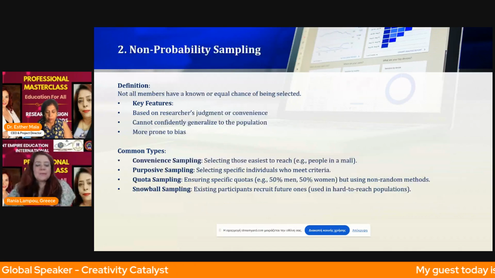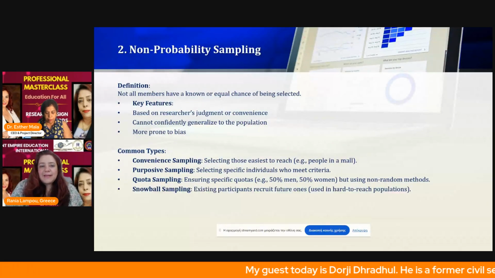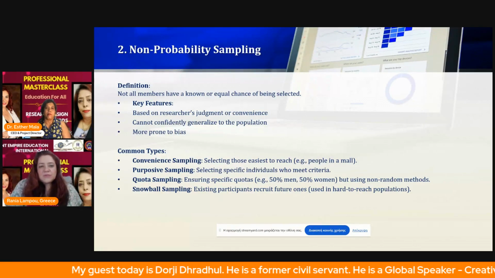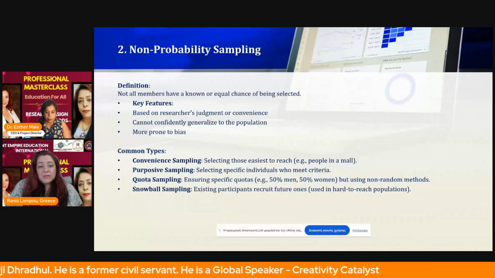Non-probability sampling. Here, not all members have a known or equal chance of being selected. The key characteristic is that this sampling is based on the researcher's judgment. It cannot confidently generalize to the population, and it's more prone to bias, of course.